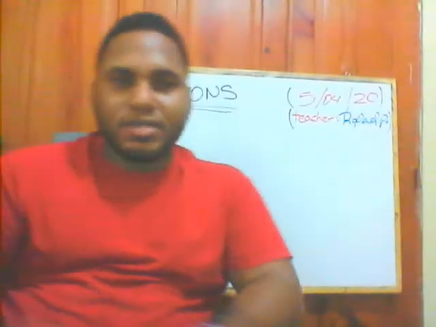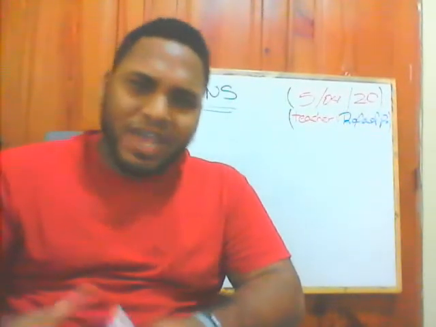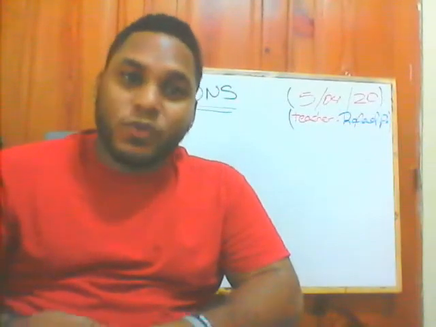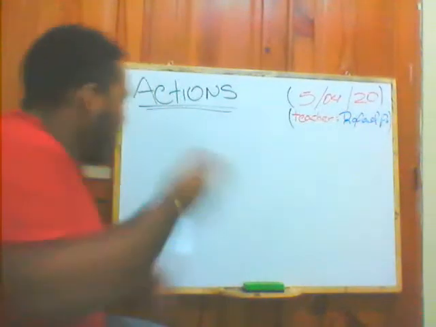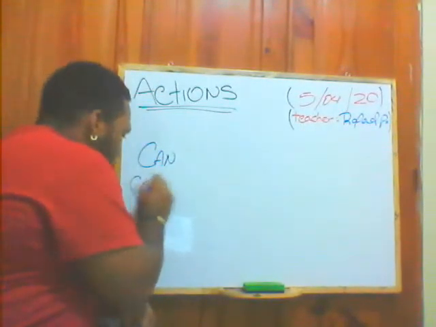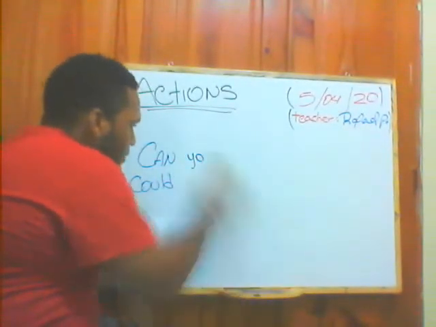So in this case, let's say that I ask you to tell me if you're actually able to identify when somebody is lying to you. The question will be, can you or could you? Let's do it this way.